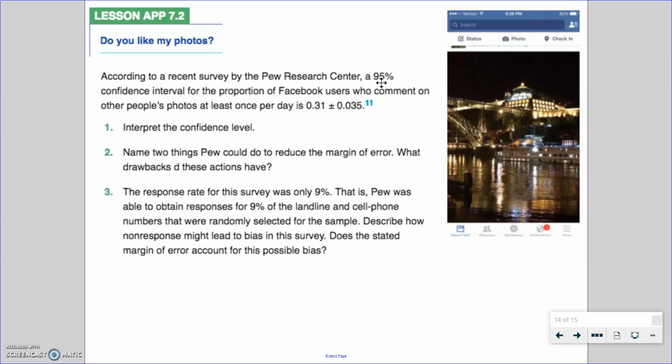If only 9% responded, that doesn't make me feel super comfortable with whoever did this survey. Now, having said that, they got their confidence interval and they said, here's what I'm thinking, but 9% is pretty small. I would try to shoot for a larger percentage of adults responding to the survey for sure.